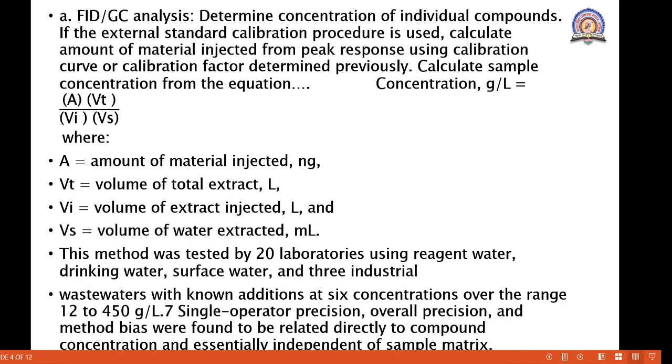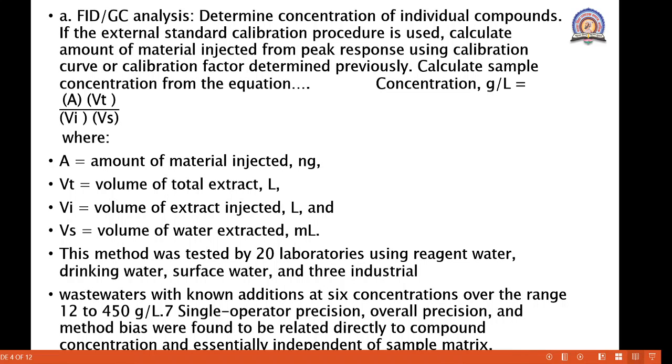Calculate the sample concentration from the equation. Concentration equals A times Vt divided by Vi times Vs. A is the amount of material injected. Vt is the volume of total extract. Vi is the volume of extract injected. Vs is the volume of water extracted.